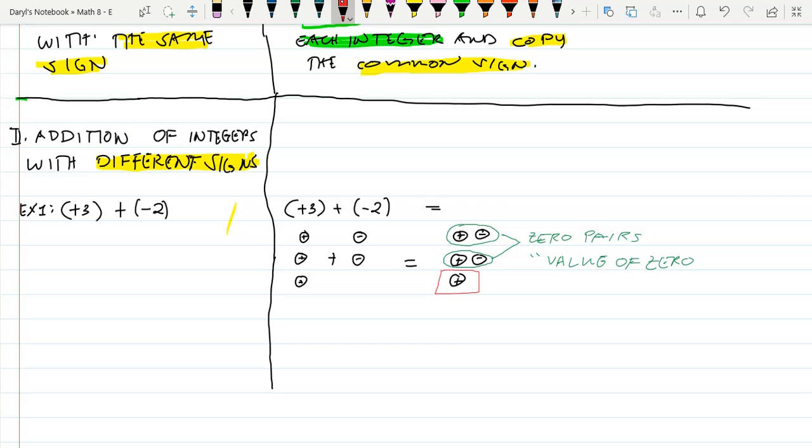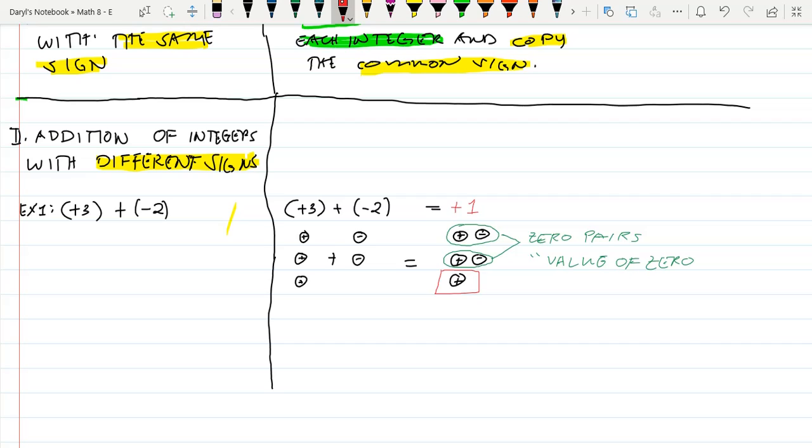Therefore, the answer in this particular case is positive 1. Again, you get positive 1 because you have these 2 zero pairs, and the value of that is just equal to 0. It's the same thing as if they are not there.